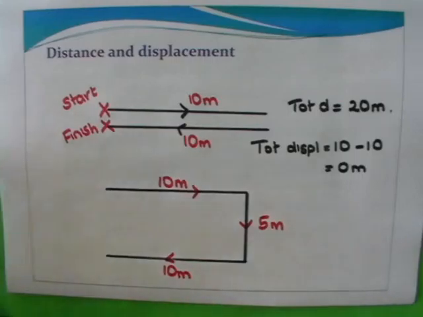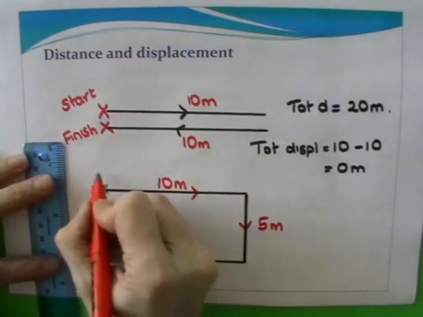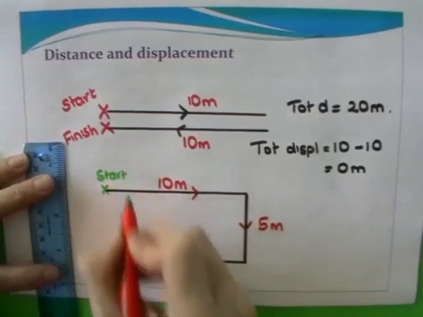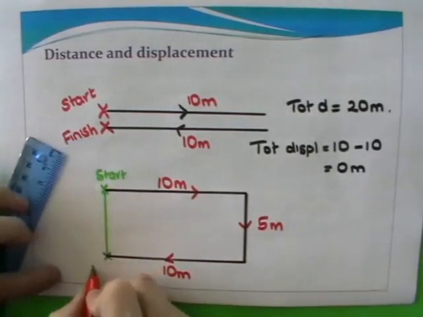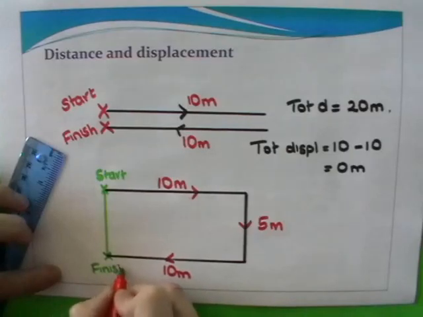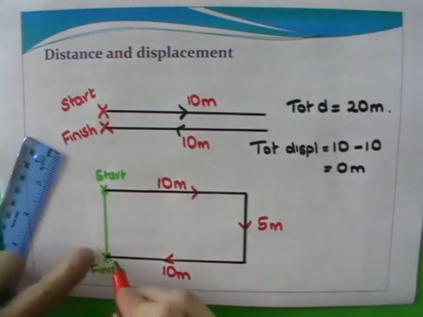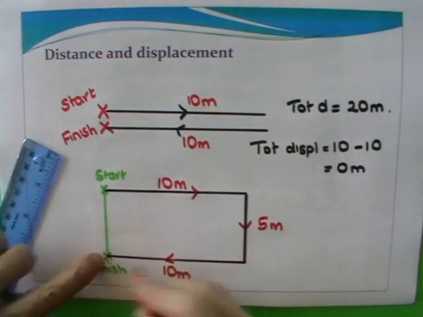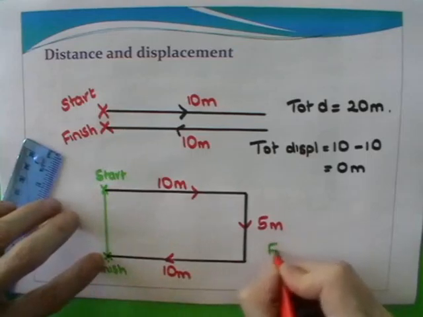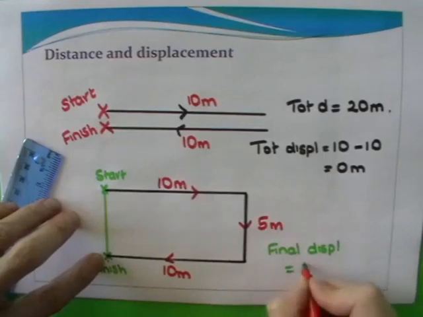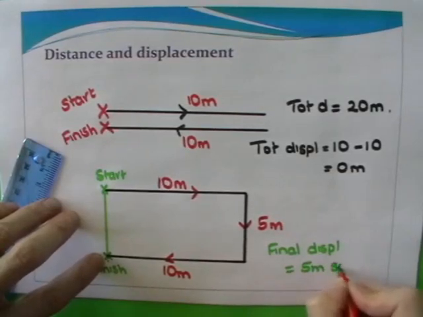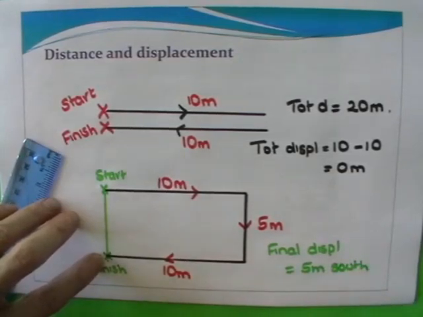So we calculate final displacement by going from the start to where they finished directly. And there's the finish. And where are they from where they started? They are now 5 metres south. So final displacement equals 5 metres south from where they started.